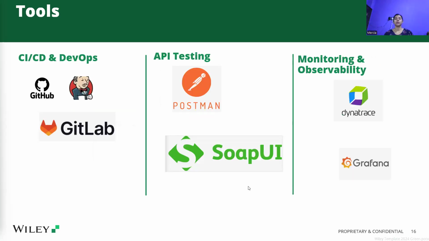And then you all also need to have an understanding of the CI/CD pipeline and the DevOps workflow. You need to understand how the code can be maintained in GitLab and Jenkins. We support the CI/CD pipelines. And then the API testing tools are like Postman and SoapUI. And for monitoring, we have Dynatrace and Grafana.